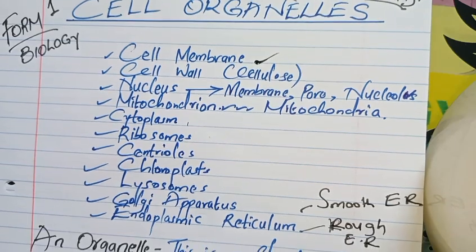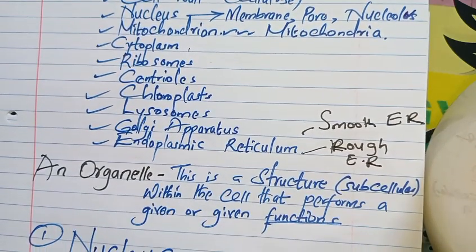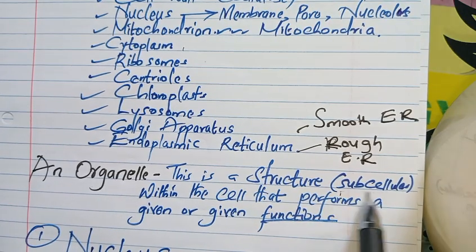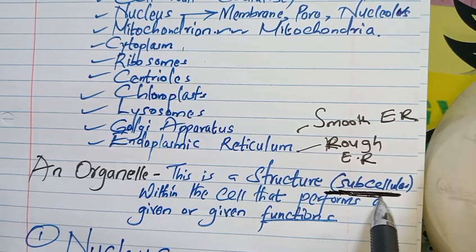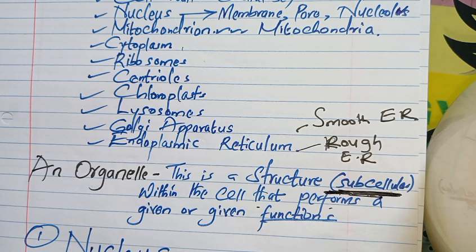So in defining an organelle, we said that an organelle is a subcellular structure within the cell that performs one or more functions.